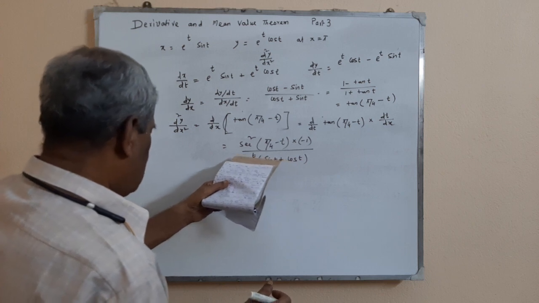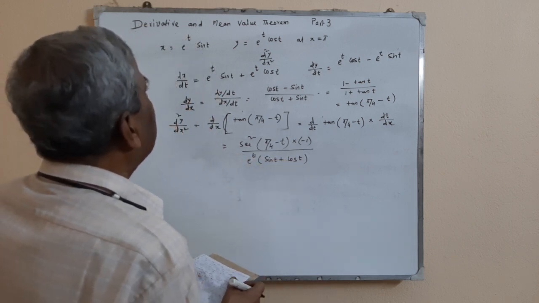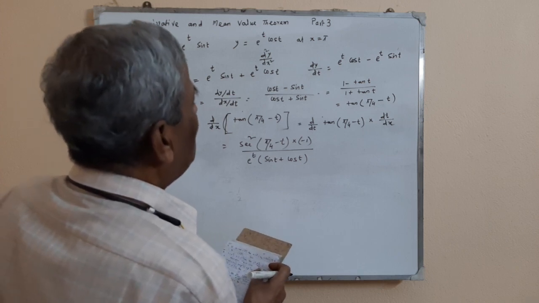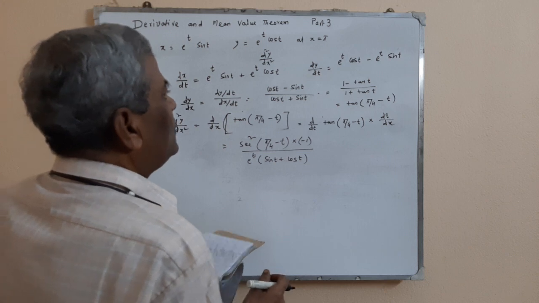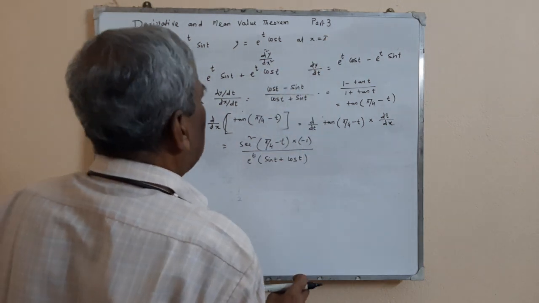Oh, the problem is to find it at x is equal to pi, not pi by 4.